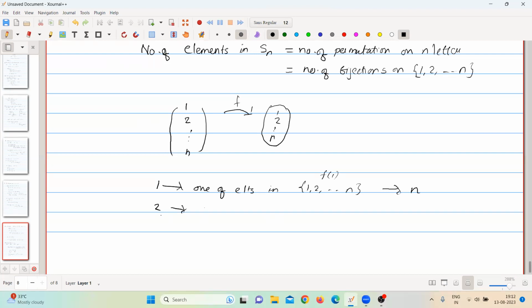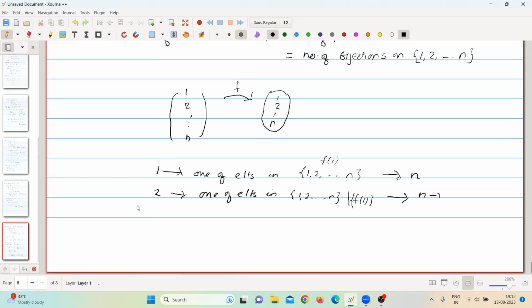So we have only n minus 1 choices. We removed the element to which 1 is mapped, so 2 can be mapped to one of the remaining n minus 1 elements.